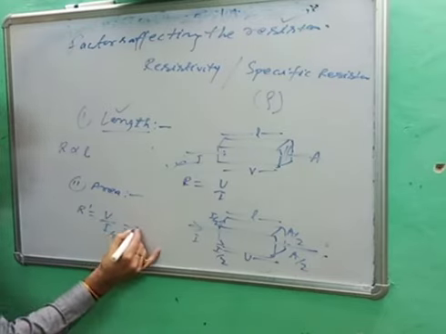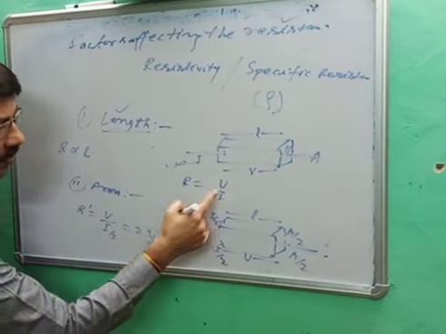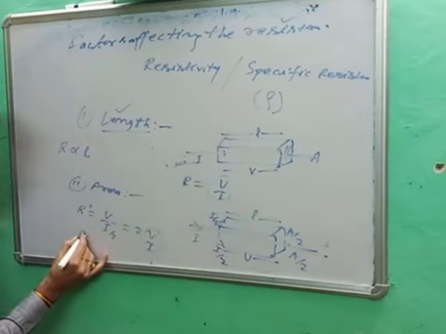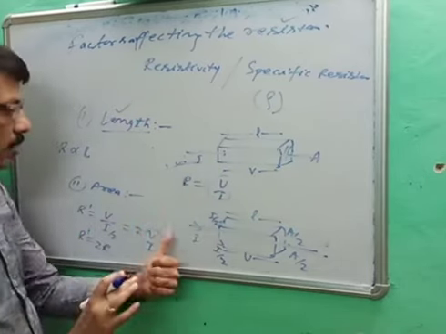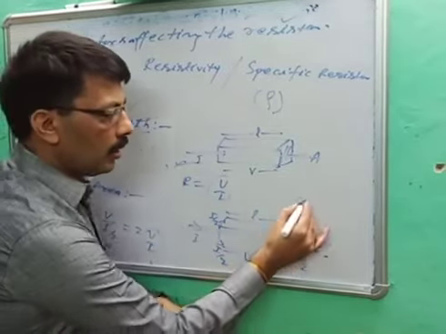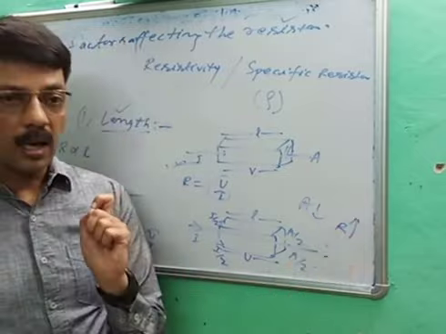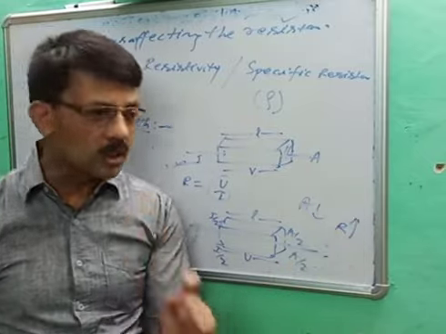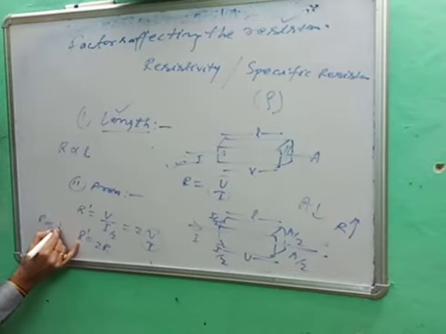The 2 goes up, so it becomes 2V upon I, and V upon I is R. So resistance again becomes 2R. So we conclude that if the area decreases, resistance increases. It means they are not proportional, they are inversely proportional. So we can write R is inversely proportional to A.